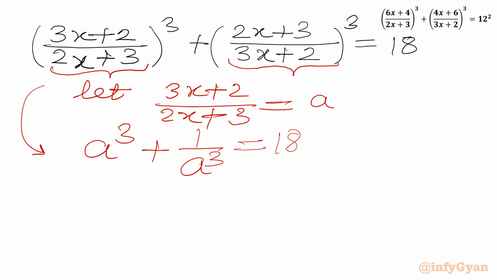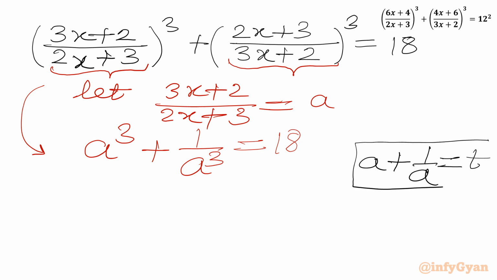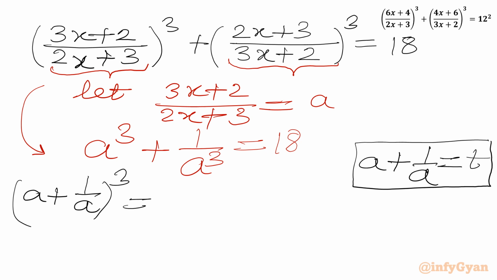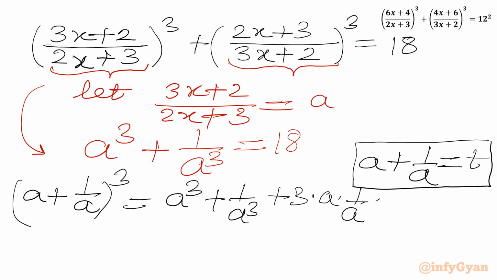Now I will use another substitution. Let's say a plus 1 over a equal to t. Now I will use the a plus b whole cube formula, a plus 1 over a whole cube, which will be a cube plus 1 over a cube plus 3 times a times 1 over a times (a plus 1 over a).